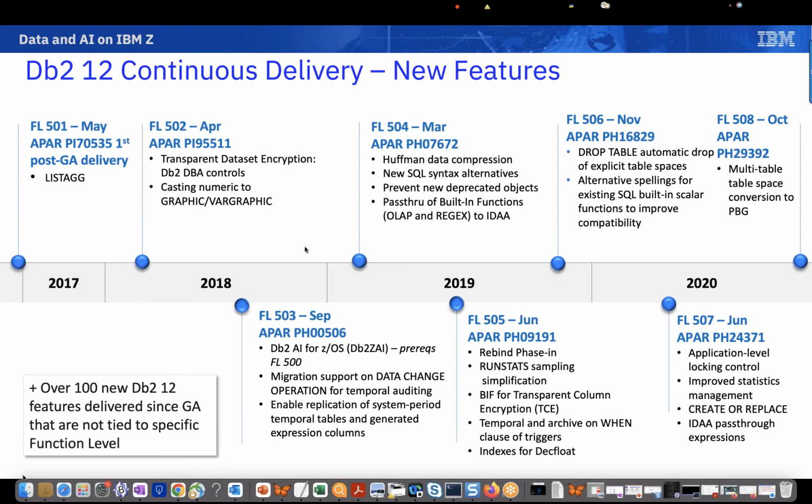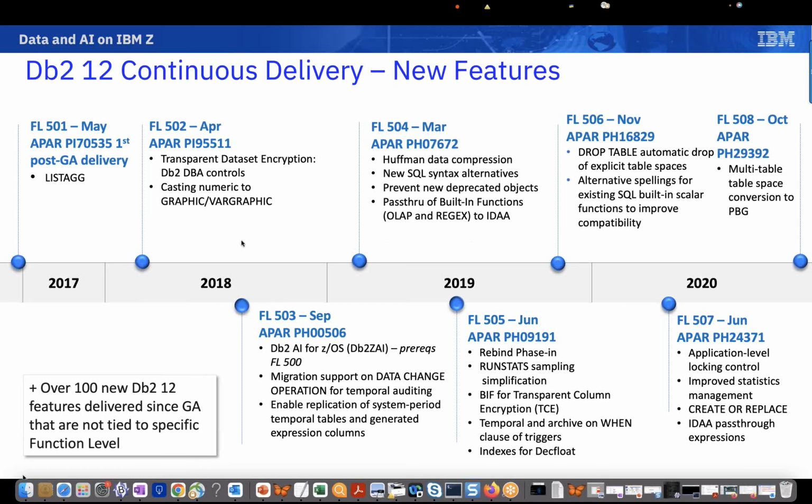came out last year. Now, I went through and I picked the heavy hitters, if you will, for each one of the function levels. In the poll that Martin did, it showed where everybody was, and so very few of you are all the way at function level 510 yet. So if you want a nice, concise way of seeing the main new function epics and stories that were in the function levels, you can look at this chart.